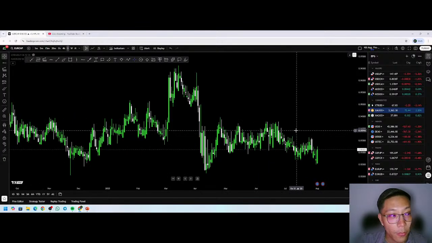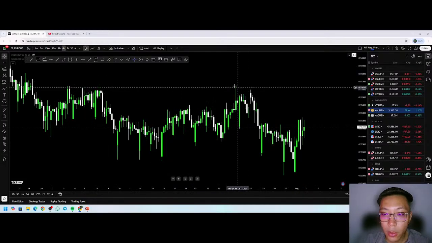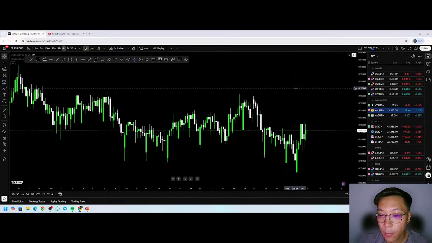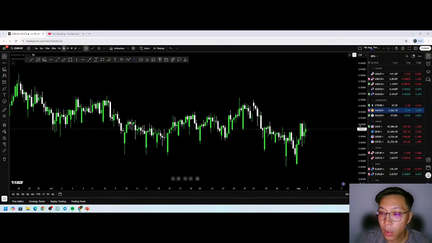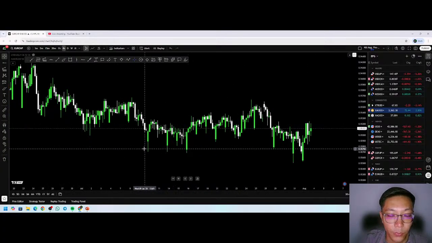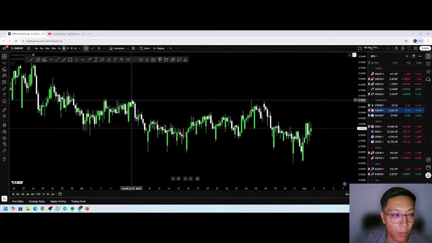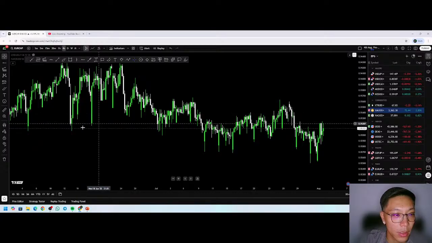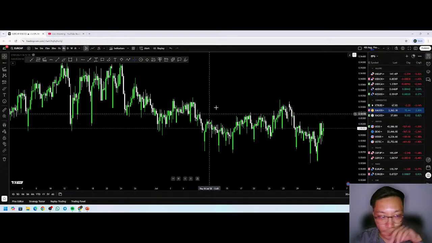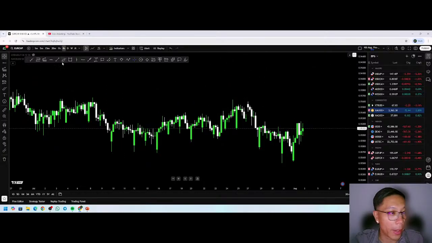So for a pair like this, I could do an H4 analysis instead. Euro CHF is not really recommended because it tends to take out a lot of stop loss with all these huge candles, right? So adapt to the pair.